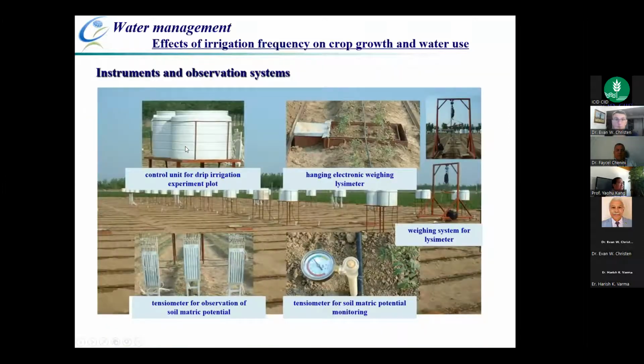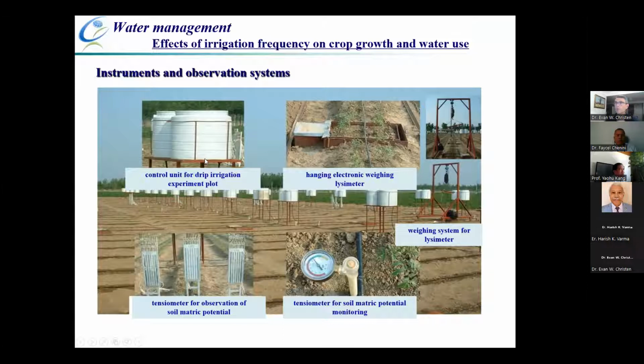We set up a very nice irrigation system. For each treatment, we have a separate drip irrigation system.